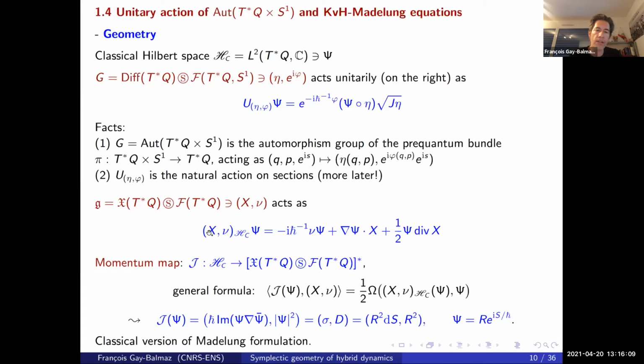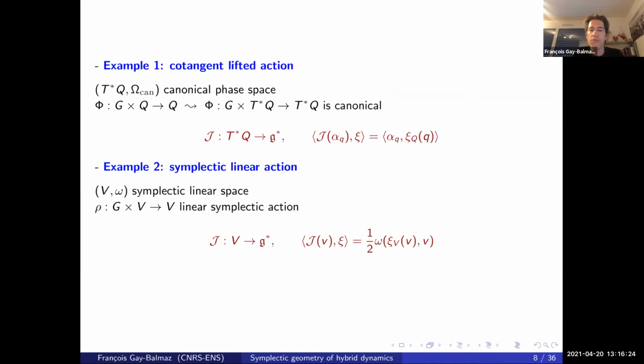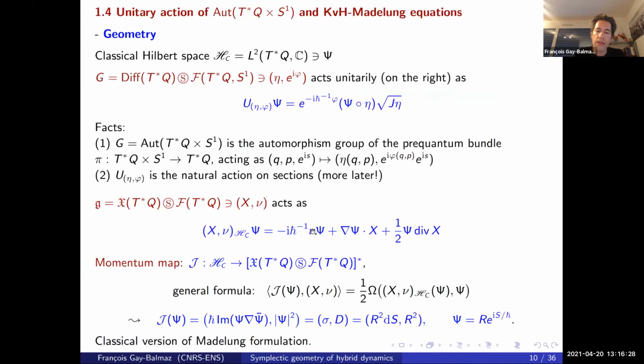So here, X nu is a Lie algebra element that acts on these classical wave functions. So now I apply the formula for the momentum map that I showed you earlier, which is this one here. And you get this expression here.